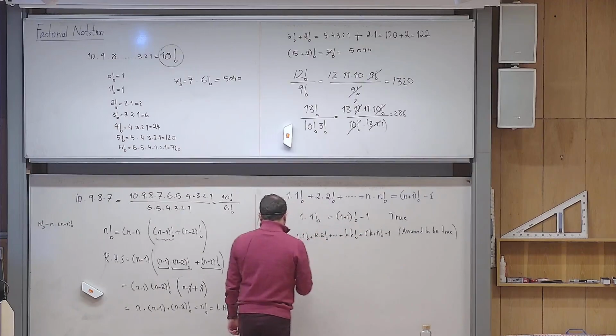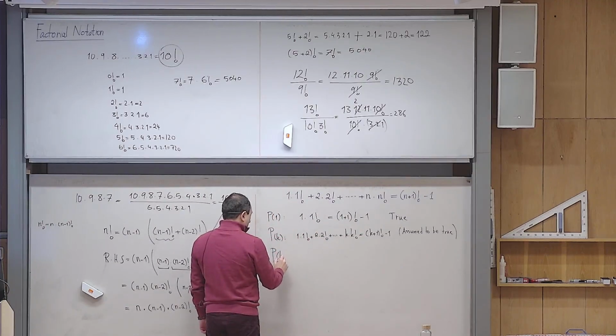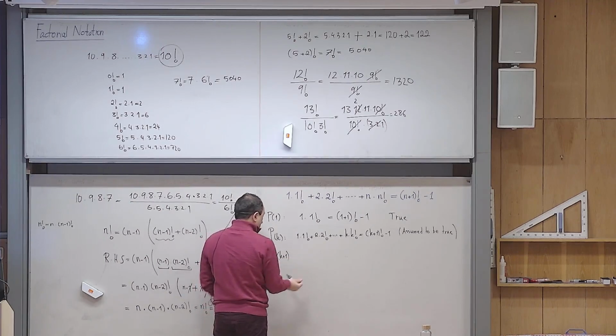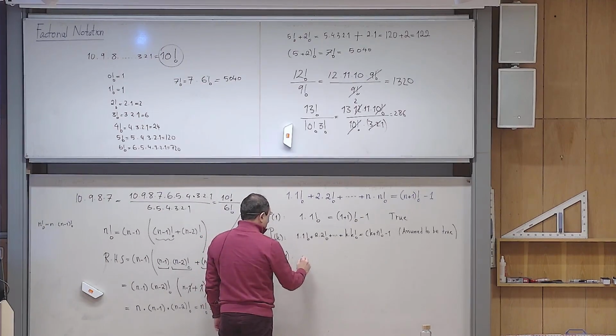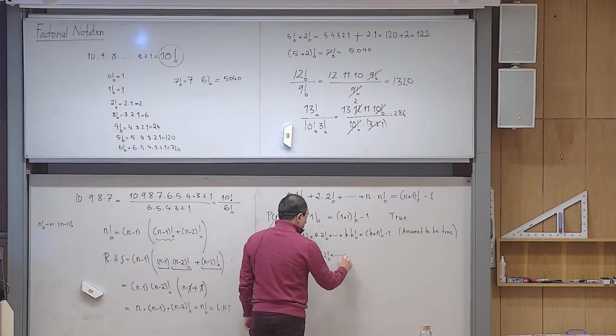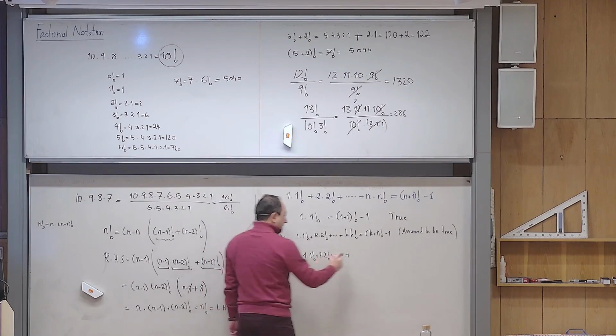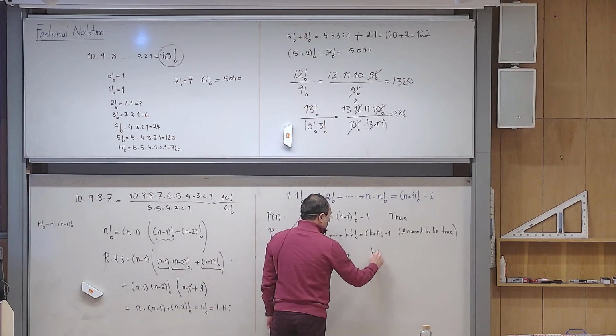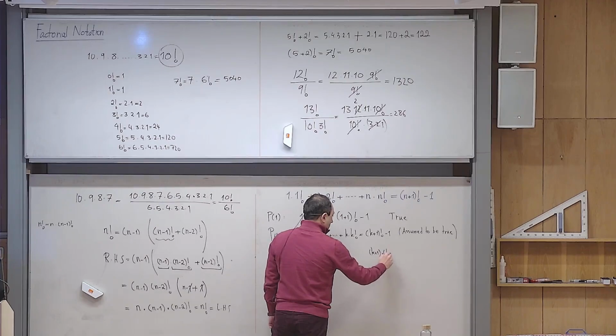And then I need to prove the next step, which is the k plus first step. So it means, and you have enough experience, yeah? So 1 times 1 factorial plus 2 times 2 factorial. In principle, I should go up to k plus first step, which means k plus 1 times k plus 1 factorial.